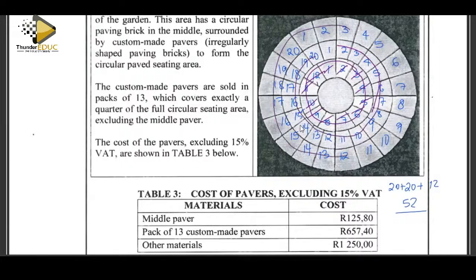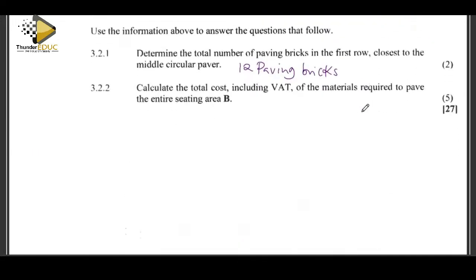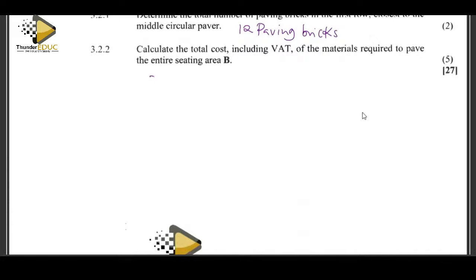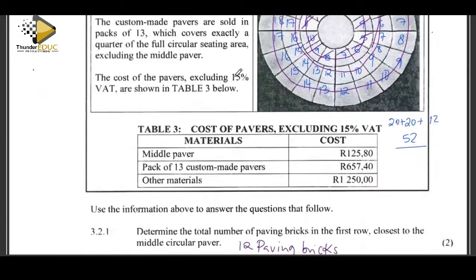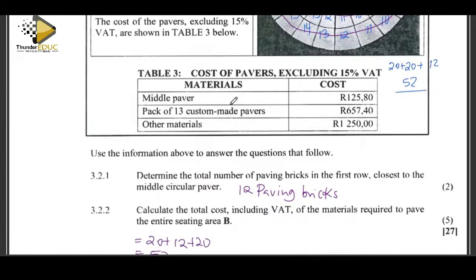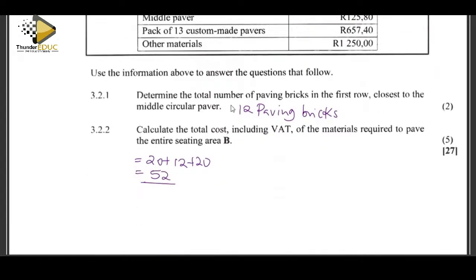Lastly, the big ones are also 20. So 20 plus 12 plus 20 becomes 52 pavers. These pavers are sold in boxes of 13, so we divide by 13 to find out how many boxes. You find out that it's 4.